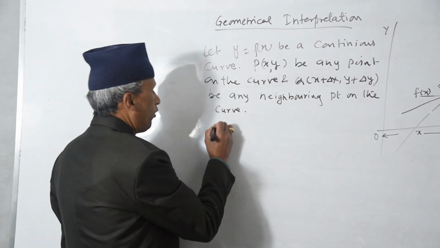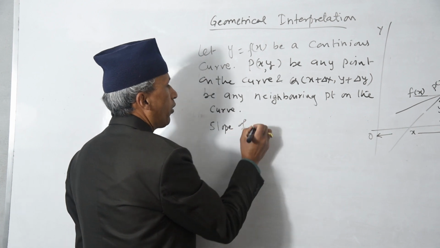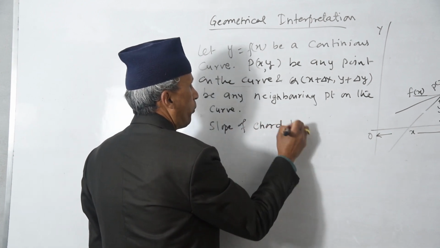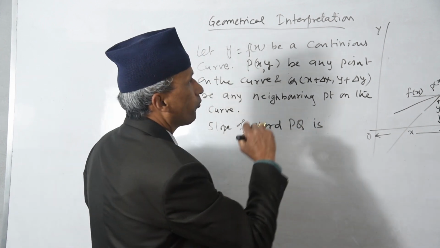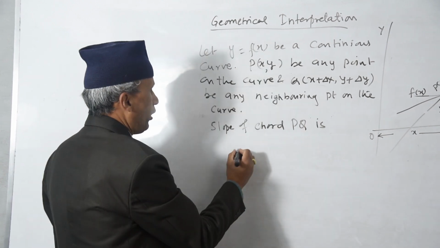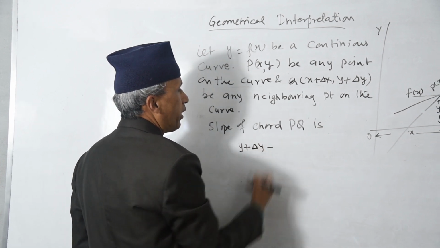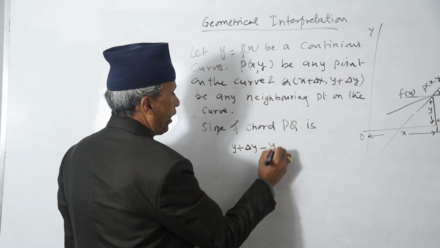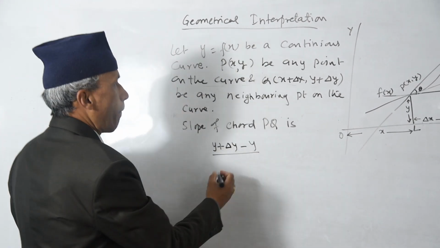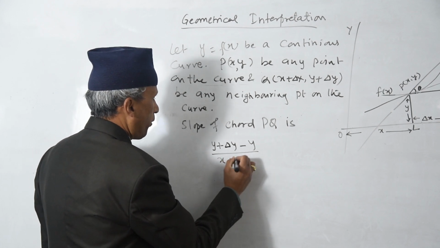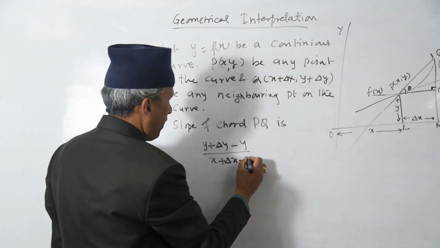So the slope of chord PQ is given by y2, that is y plus delta y, minus y1, which is y, divided by x2, x plus delta x, minus x1, which is x.